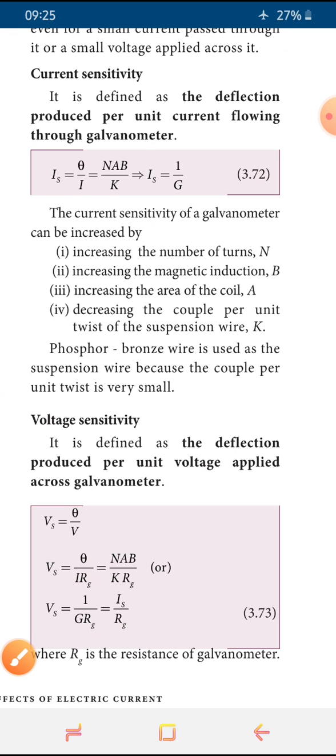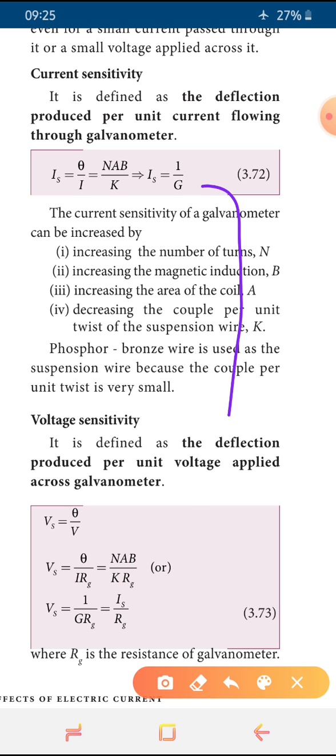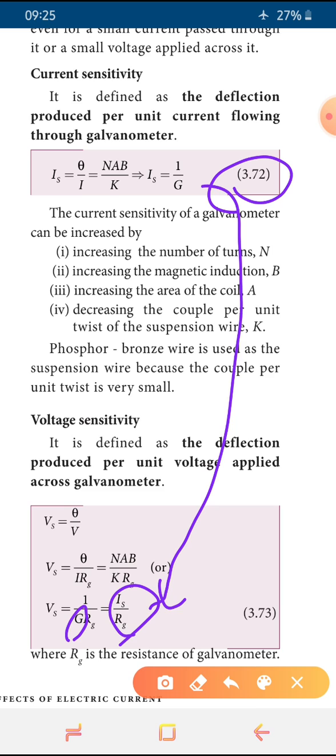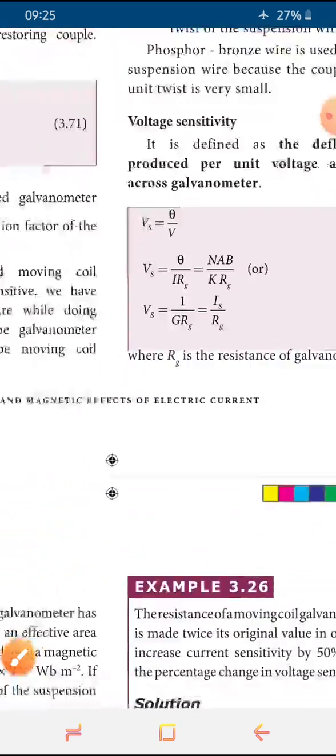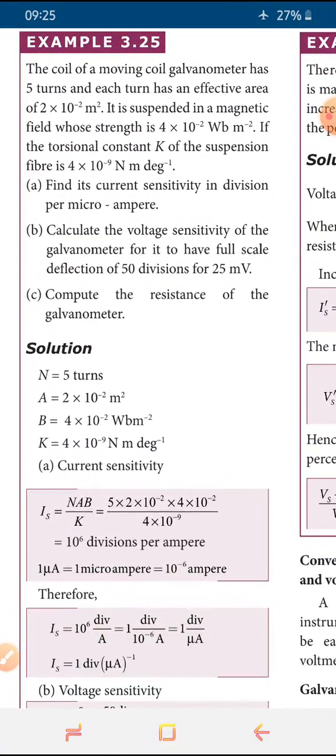Then we get Vs = 1 by G Rg, or we can write Is divided by Rg, because G can be substituted as 1 by Is from equation 3.72. Then we get equation 3.73: Vs = Is divided by Rg, where Rg is the resistance of the galvanometer. This is what we get for voltage sensitivity. And next, example 3.25.